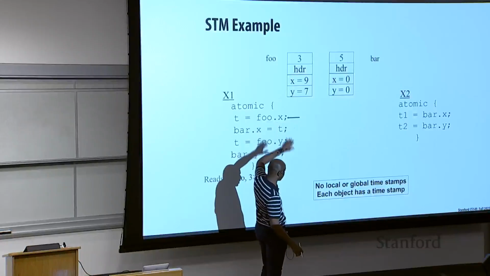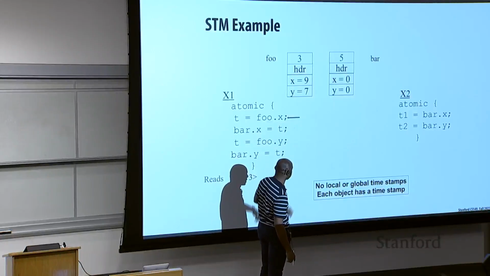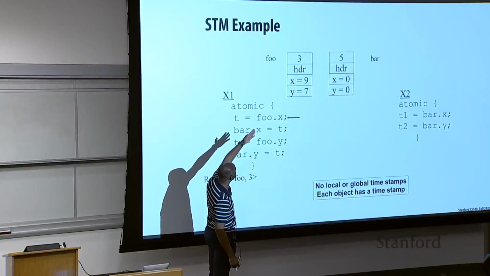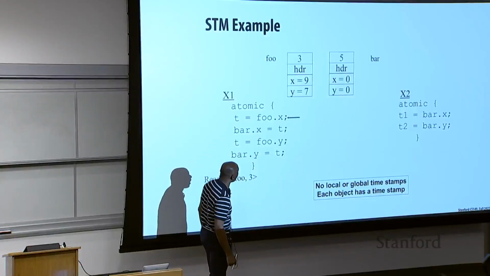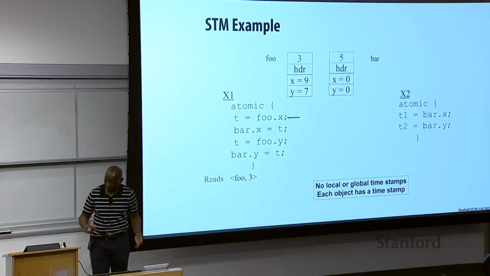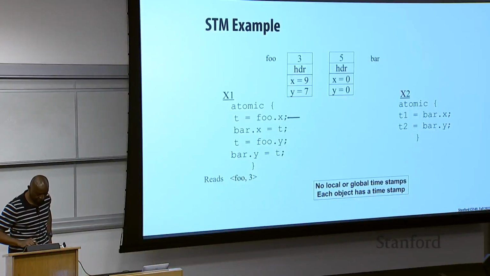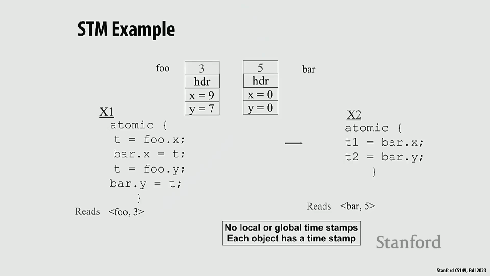Let's just assume that each of the objects has a timestamp, and the initial object timestamp for foo is 3, and for bar is 5, right? So we've got the read of foo in the read set with timestamp 3. And then we have a read of bar, and it gets timestamp 5. And so that goes into the read set of X2.